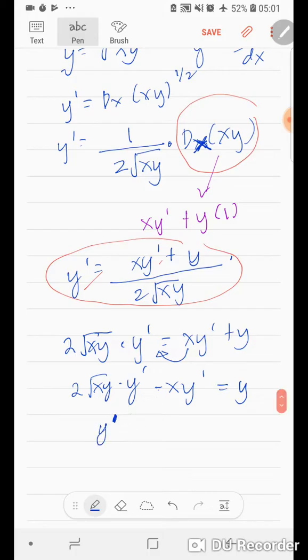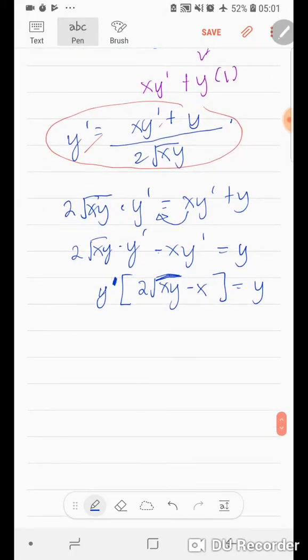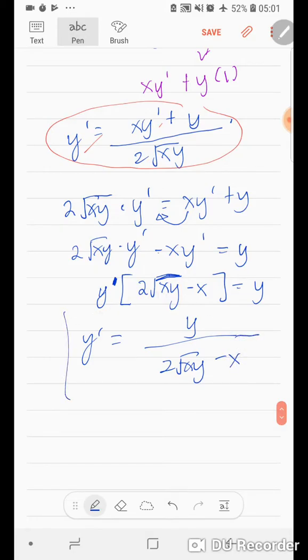It has been our goal right from the start to factor out the y prime, so it would be easier for us. y prime times 2 square root of xy minus x is equal to y. So your y prime would be equivalent to y over 2 square root of xy minus x. So this would be the final answer.